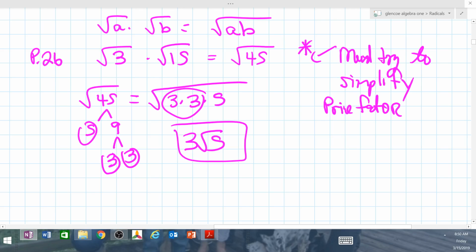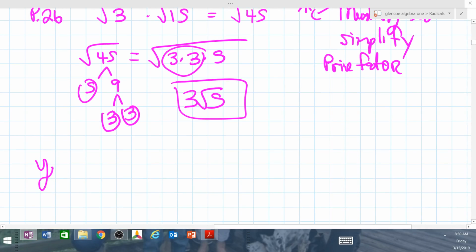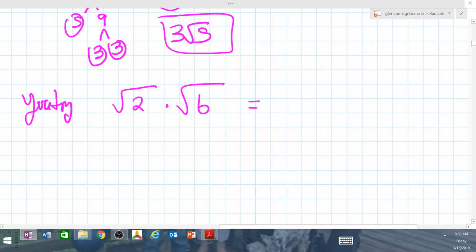Yes? All right, so let's try this one. You try this one. The square root of 2 times the square root of 6.